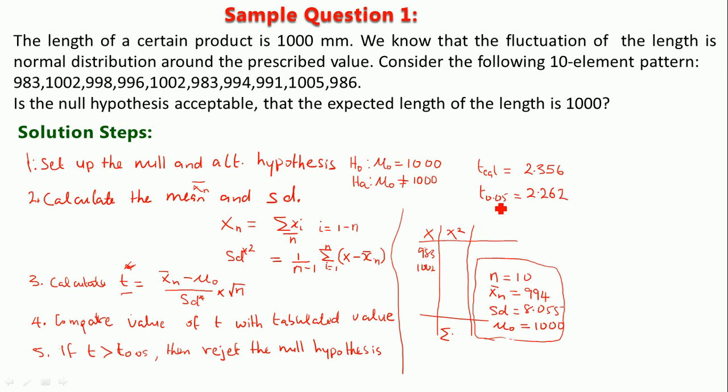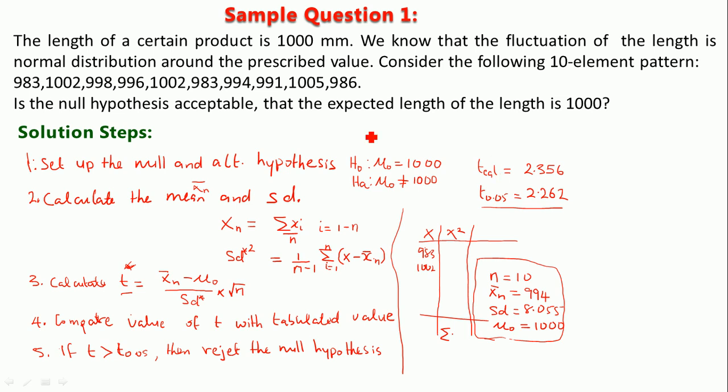In the next presentation, I'm going to teach you how to find this t in the table. That'll be in the next presentation. Or maybe I can open the file and show you. So at this point, since the calculated value of t is greater than the tabulated value of t, we need to reject the null hypothesis.